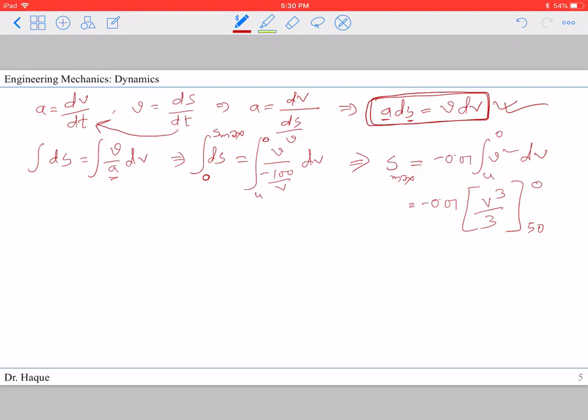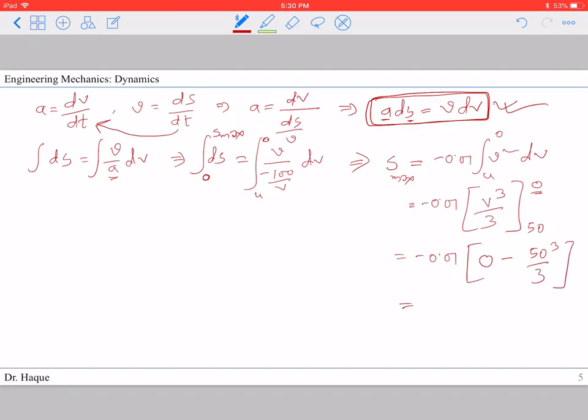If we solve here, we get 50 to the power cube. The term at 0 vanishes because velocity is 0, so negative minus 50 cubed over 3.